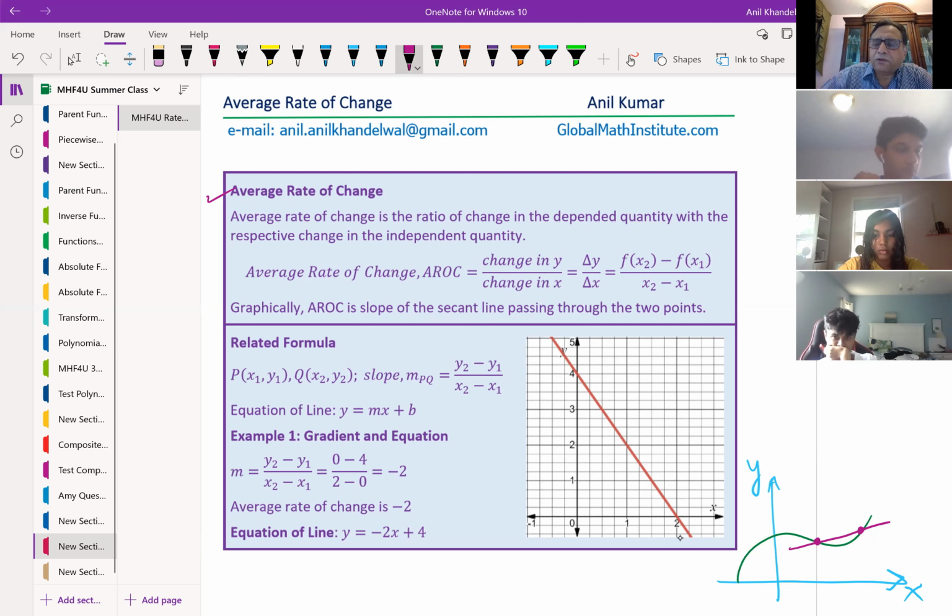Perfect. In this particular graph, I've just drawn a very, very general graph like this. X is the independent value, Y is dependent on that, and we get some curve. We have taken 2 points, and joining these 2 points, whatever we get is called a secant line.